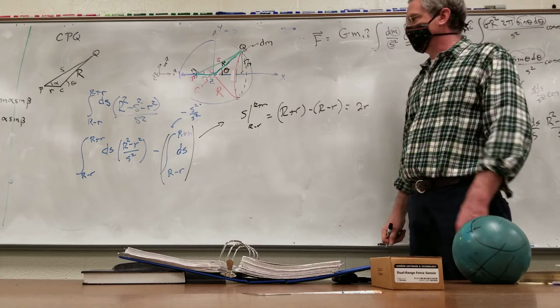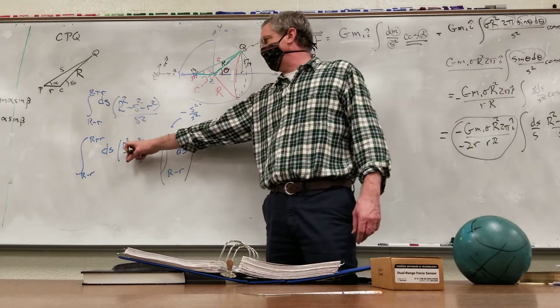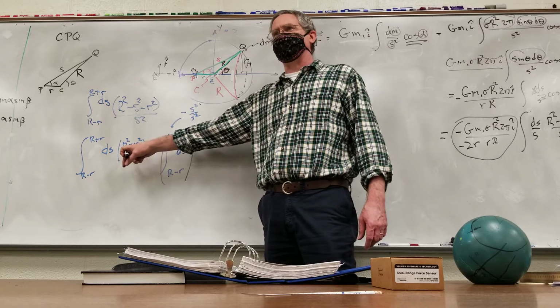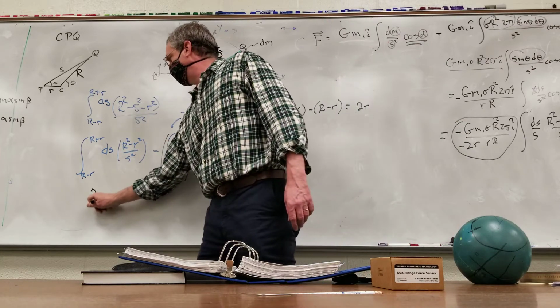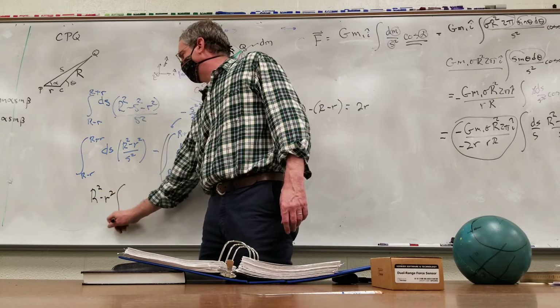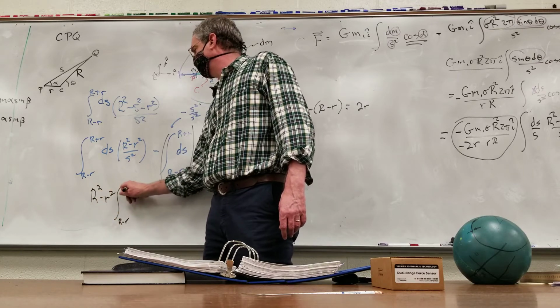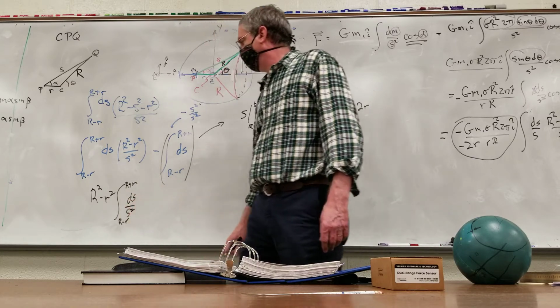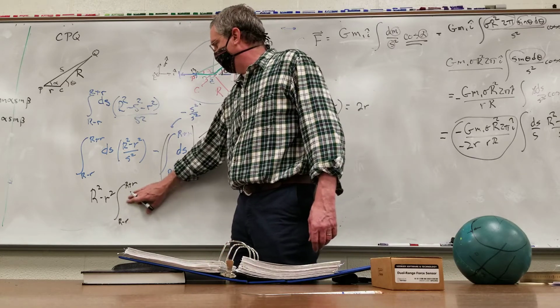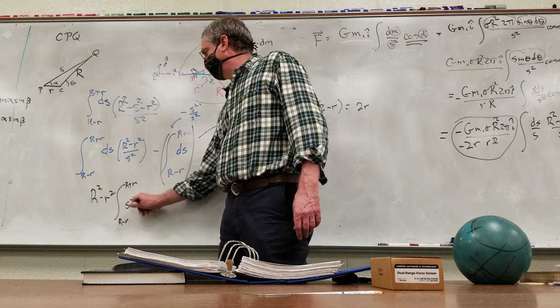The other one: I've had this big R squared minus little r squared, which is just a constant. So that first piece becomes big R squared minus little r squared times the integral from R minus r to R plus r of ds over s squared, or as I prefer to write it, s to the negative 2 ds.